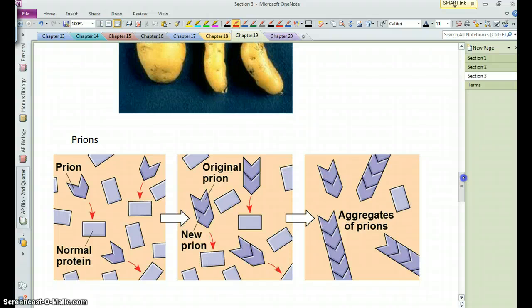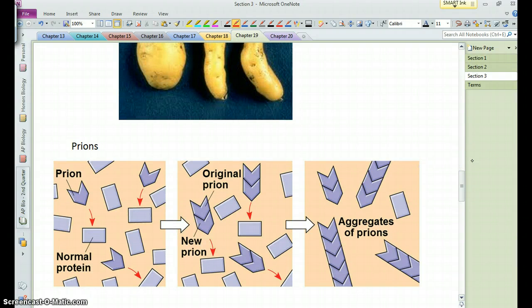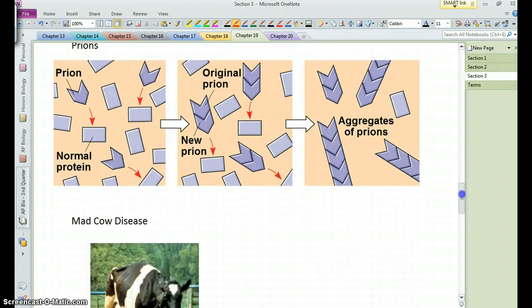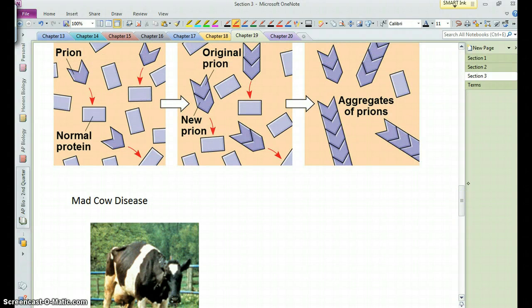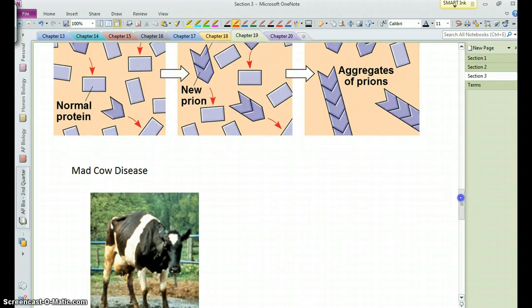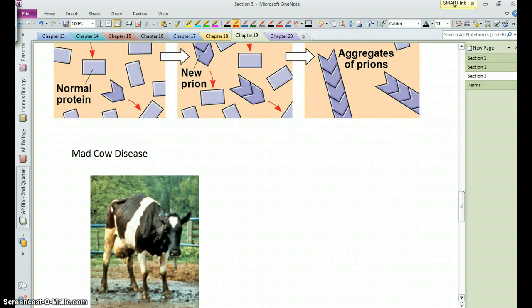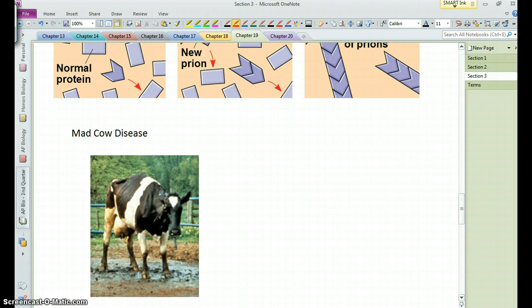Now, in animals, you have these things called prions, which are these defective proteins that can be spread from one organism to another. The most famous example is mad cow disease. These prions basically aggregate or collect in nerve tissue and begin to damage that nerve tissue such that the abilities of that organism are compromised and ultimately kills them.